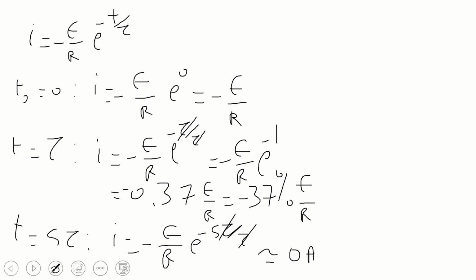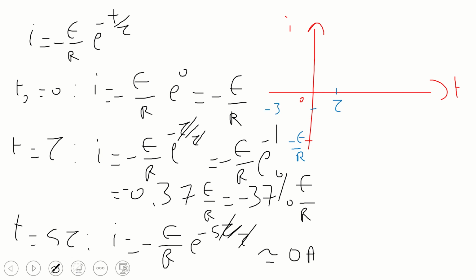Now, representing the current I as function of time, at T equals 0, it starts from minus E over R. At T equals tau, it reaches minus 37% from E over R. And at T equals 5 tau, the transient phase ends and the permanent phase starts. So the current remains approximately 0 amps.